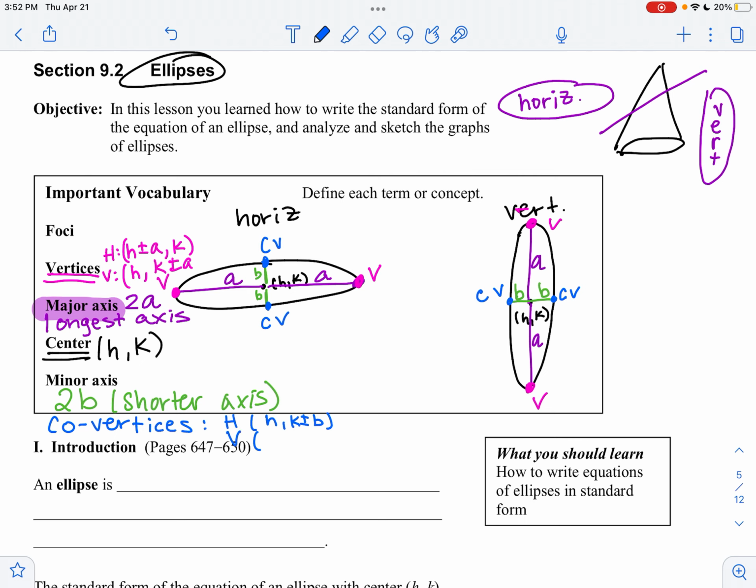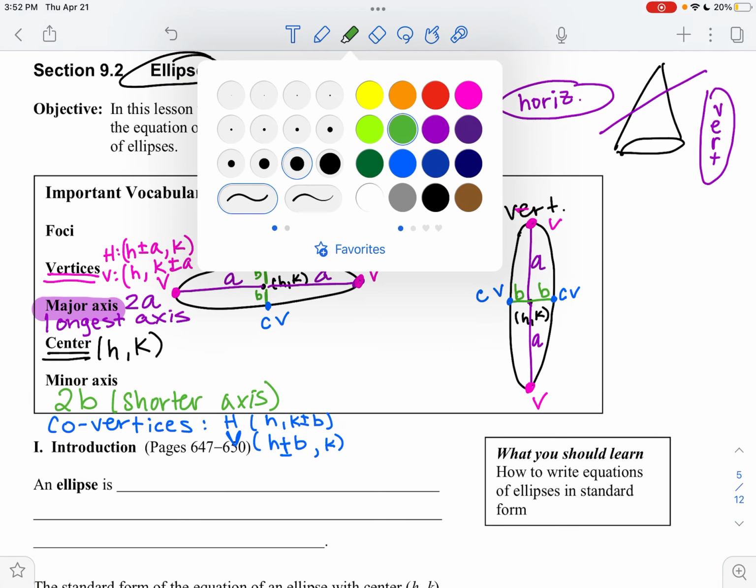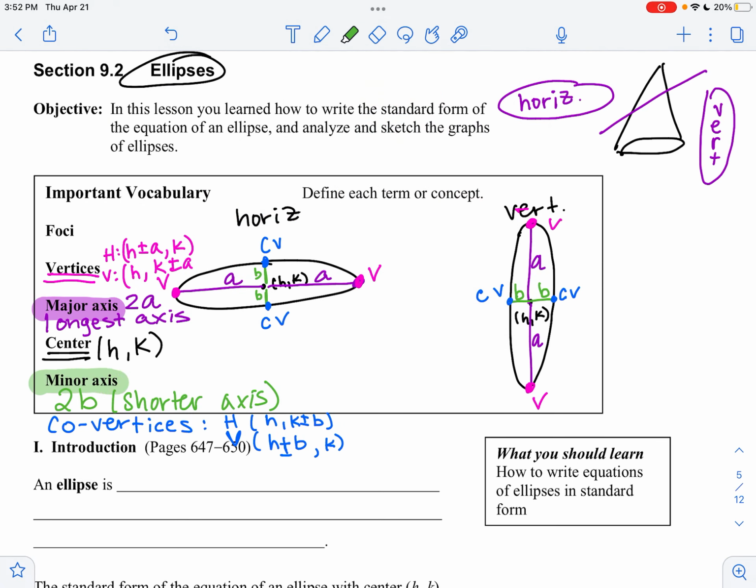And for the vertical ellipse, it's going to be h plus or minus the b value comma k. It's a little different. And then so we talked about our minor axis. That was in green, so I'll highlight that.